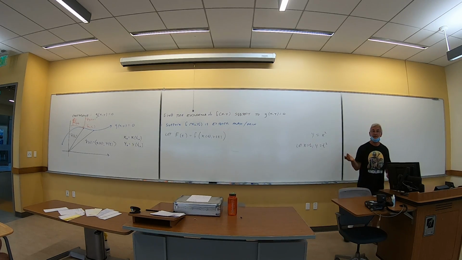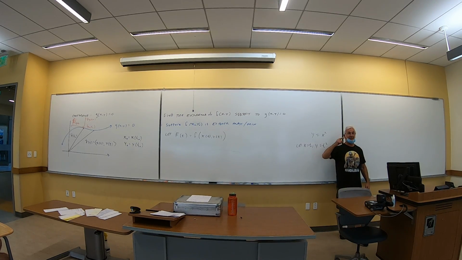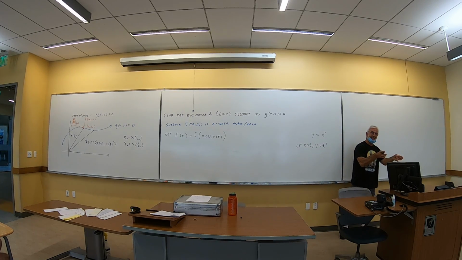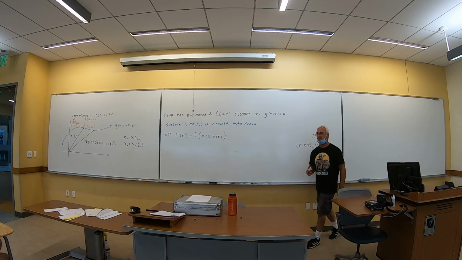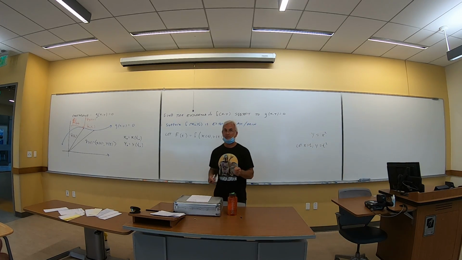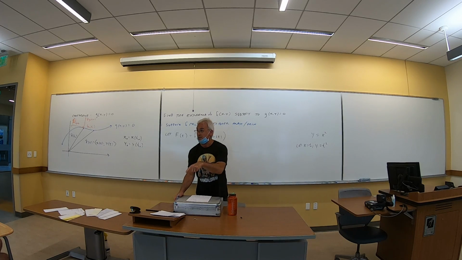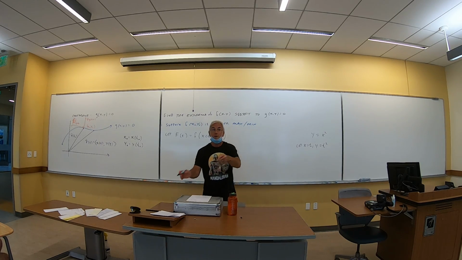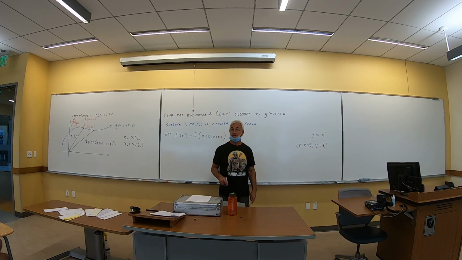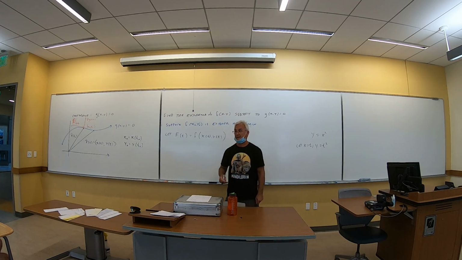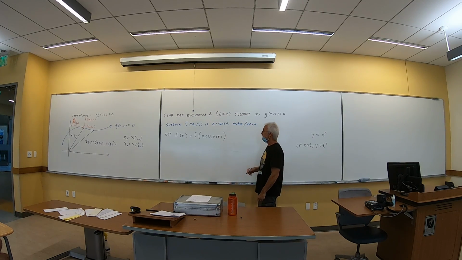If you remember with a circle, you said, let x be cos t and y be sine t. Then x squared plus y squared was 1. The beauty of parameterization is I can take things that are not functions in xy world and make them functions of t. Then it makes differentiation and things maybe easier.